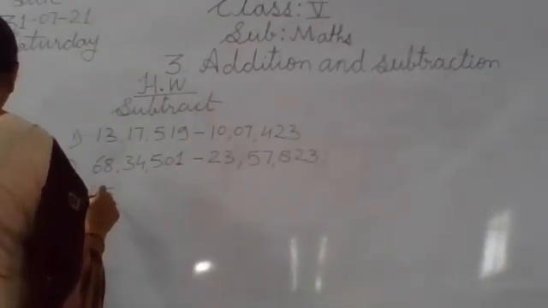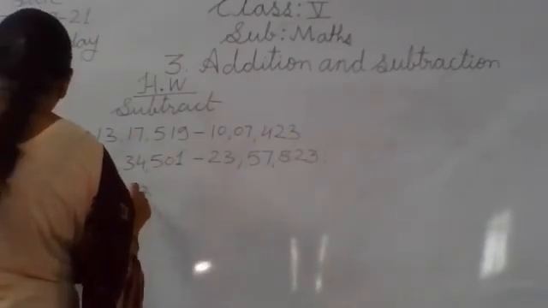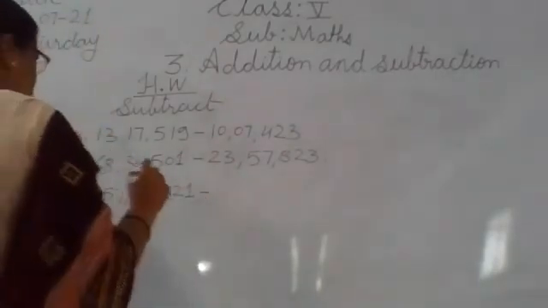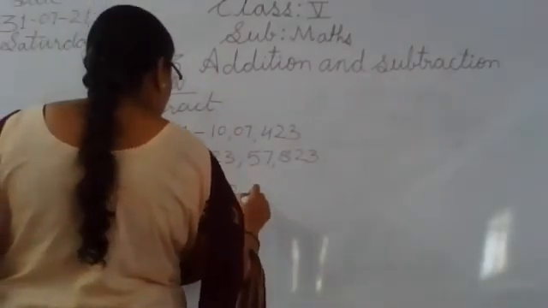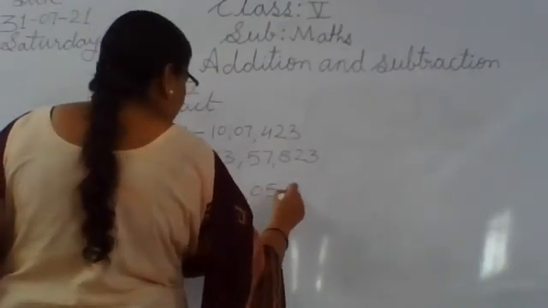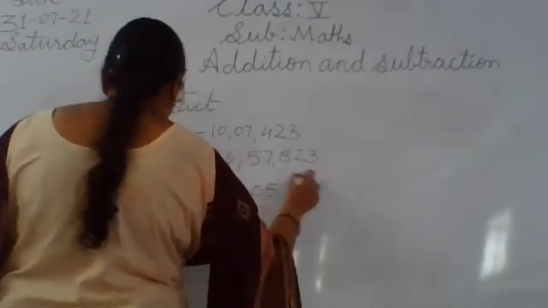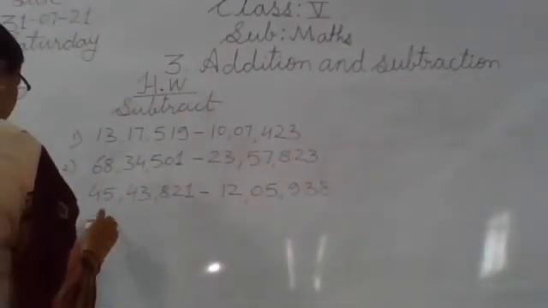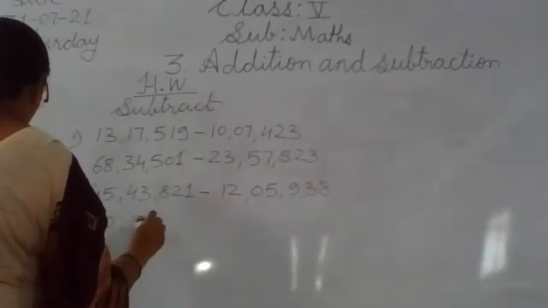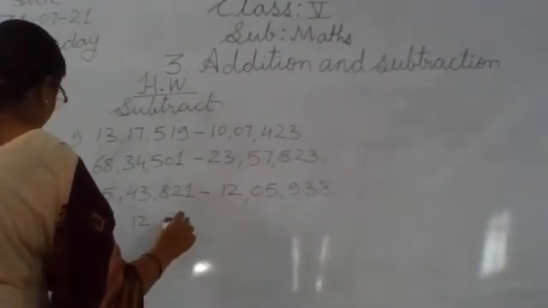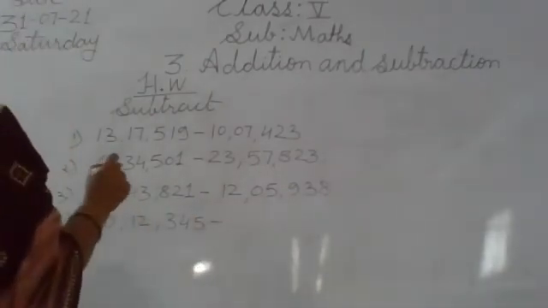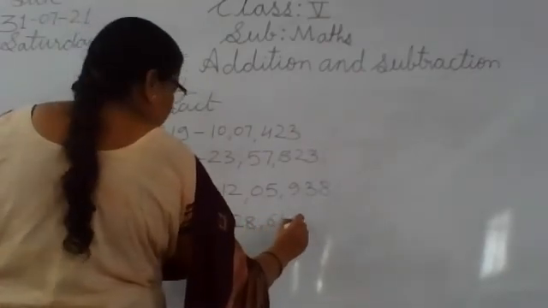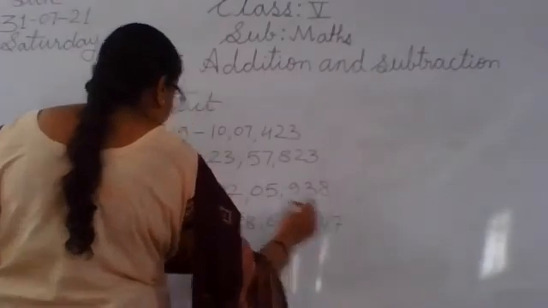Third one, beta: 45 lakh 43,821 minus 12,938. Fourth question: 70 lakh 12,345 minus 28 lakh 64,547.